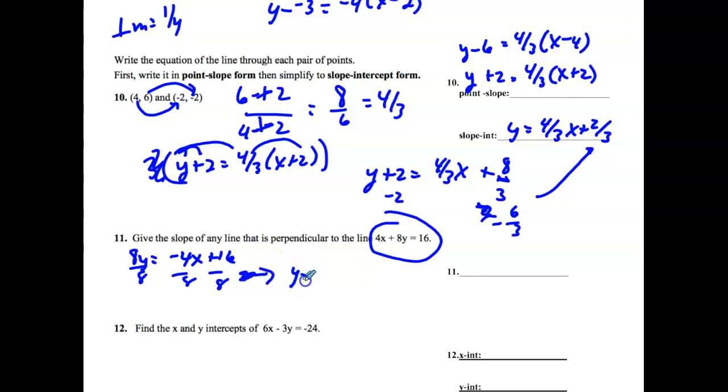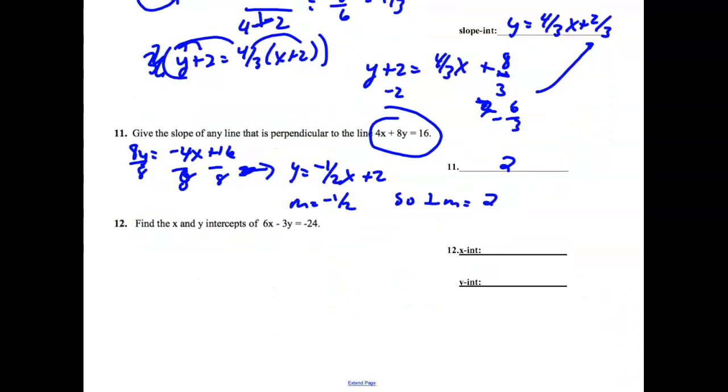You get y equals -1/2 x, right? 4 over 8 is a half, so -4 over 8 is -1/2 x. And then you get plus 2. The plus 2 doesn't really matter because I'm just trying to find the slope of a line that would be perpendicular to this. So the slope of what we have is -1/2. So the perpendicular slope would be flip it over, switch the sign, 2. Okay? So the slope of the perpendicular would be 2.